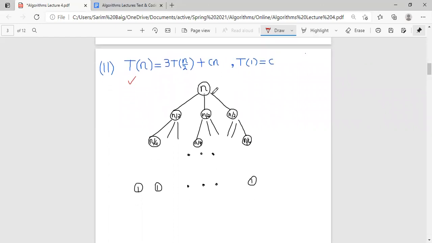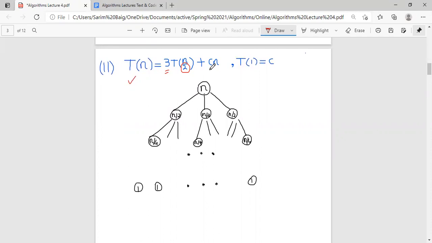So for this recurrence, this thing is called the branching factor, as I said last time, the number of children you're going to have for each node. But this thing is the same as in the previous recurrence. We are still dividing the problem size by 2 in each child call.